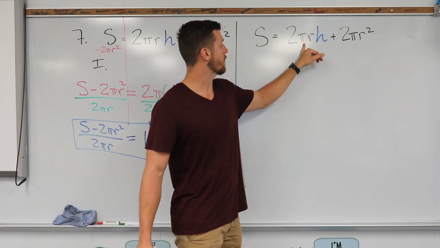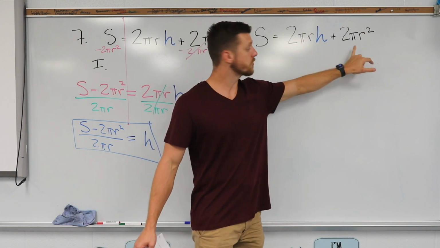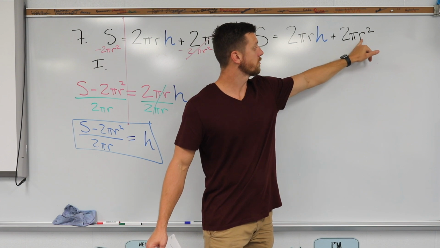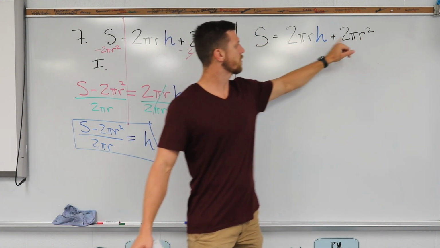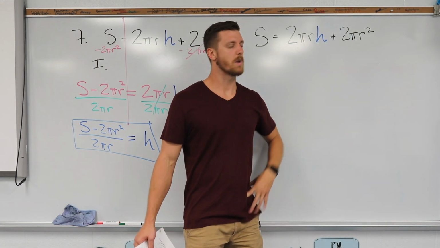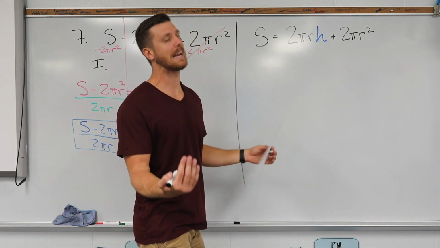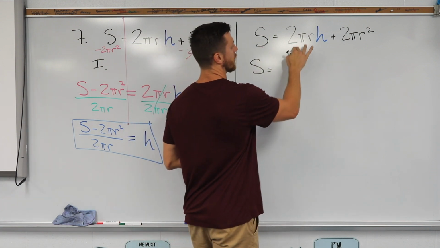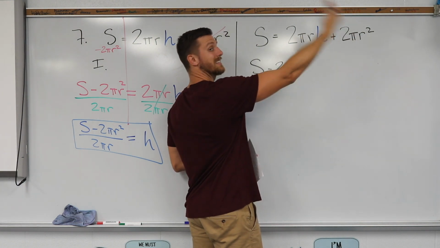I have a 2, a pi, and an r, and I'm trying to solve for h. On this term there's 2 pi and r, and technically another r because it's being squared. So I have 2 pi r, 2 pi r. I can factor that out. What happens when you factor? Technically, you're dividing it out. I'm not doing anything with this s. 2 pi r is what I'm taking out.